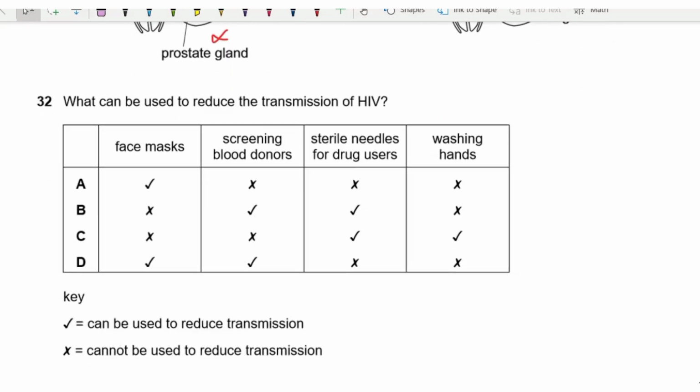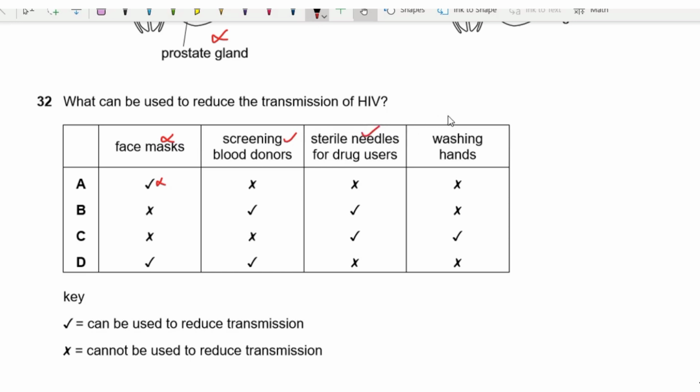Question 32 says, what can be used to reduce the transmission of HIV? Alright, face masks cannot do that. Then screening of blood, yes, screening of blood can help in doing that.